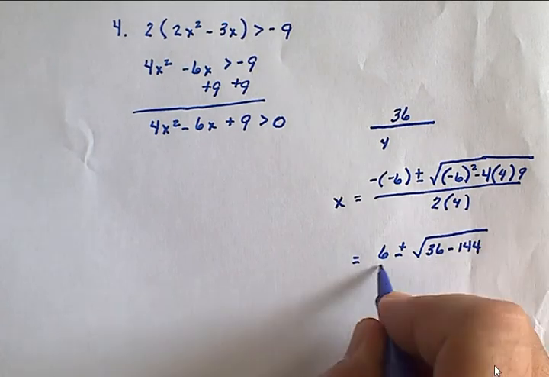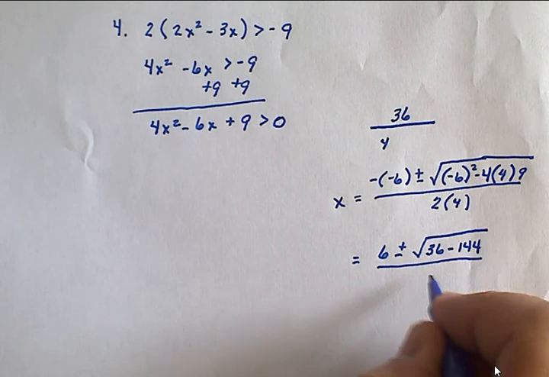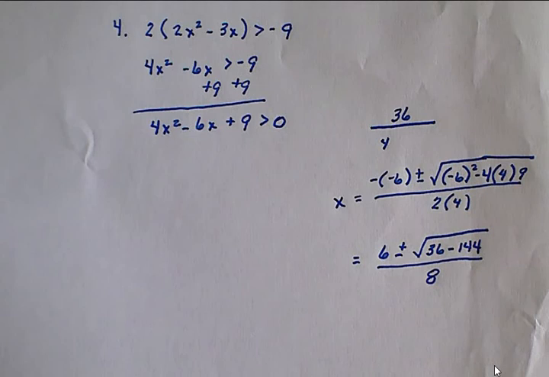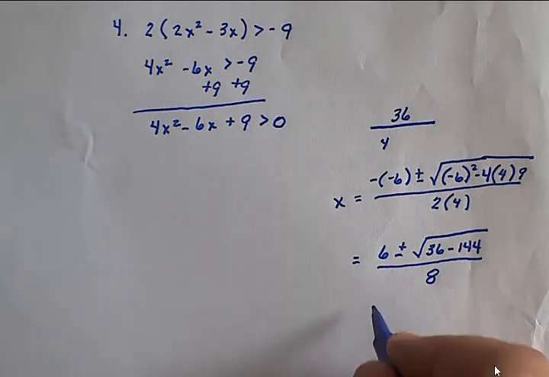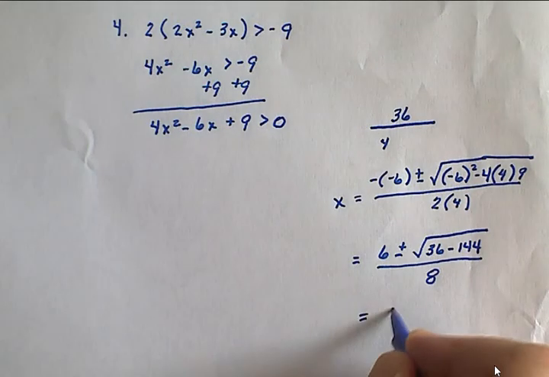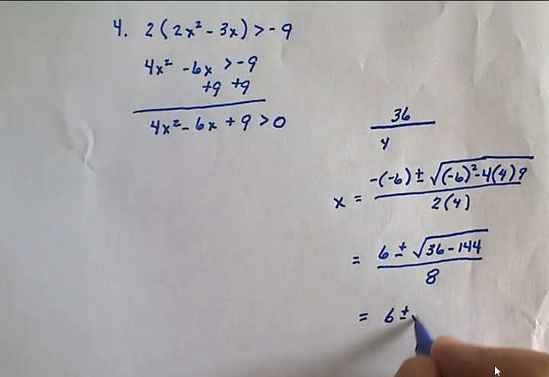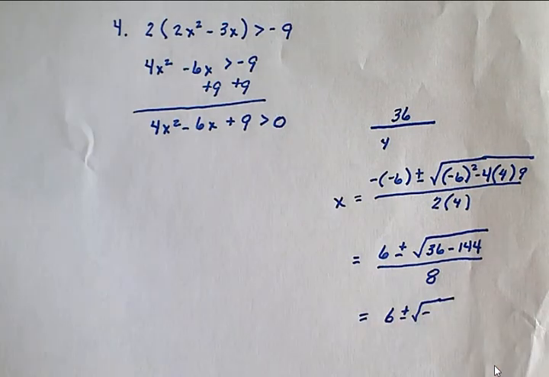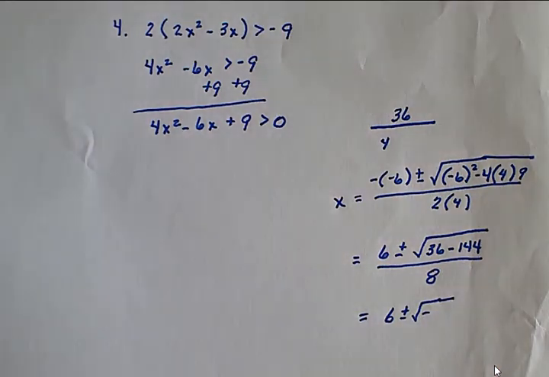This may not be a real good problem to actually start off with, but either way, it's going to show one of the special kinds of problems that can occur, because here's what's going to happen. You're left with a negative underneath the radical.